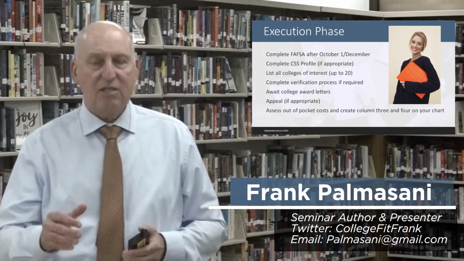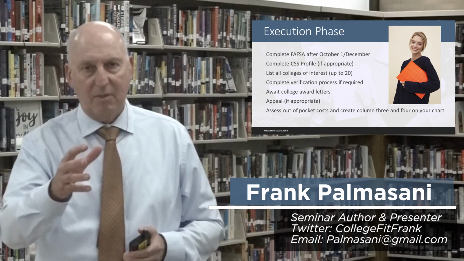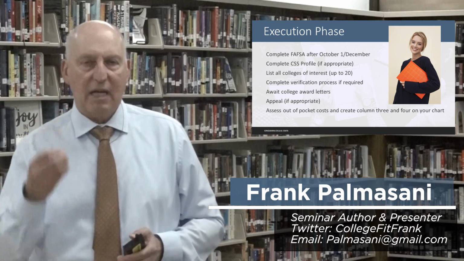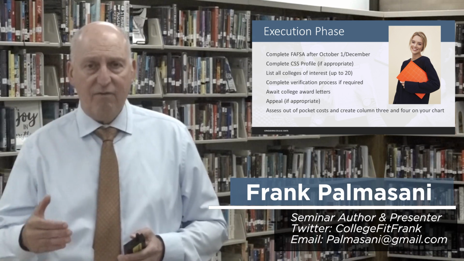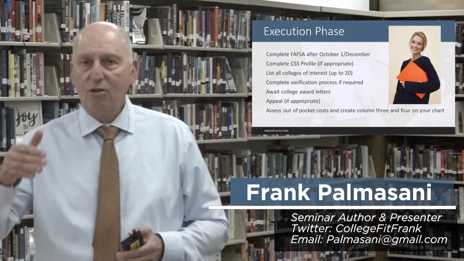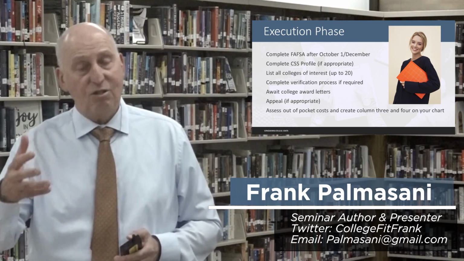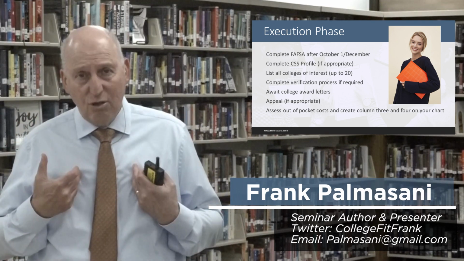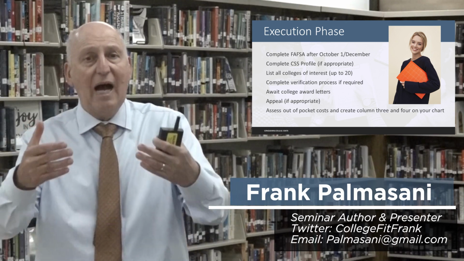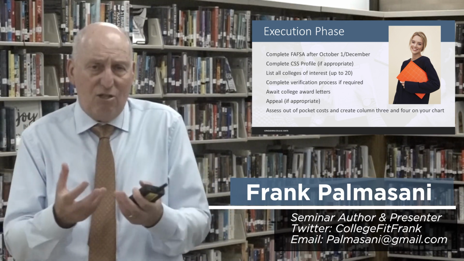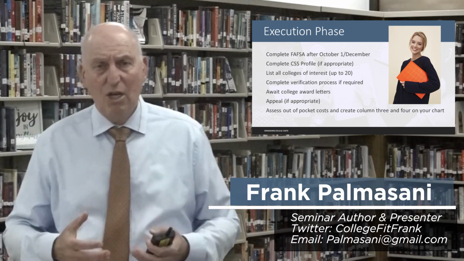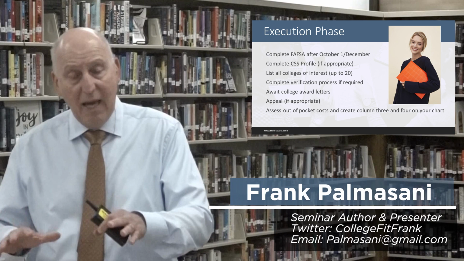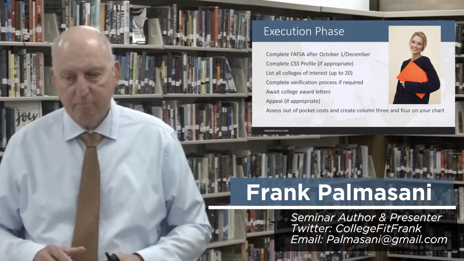More than ever, it's important that you as a family help your son or daughter identify multiple colleges, 5, 7, 10, 12 schools that student might apply to. Because ultimately, what you want to do is come away with options. When you get to looking at your out-of-pocket cost, you want to have enough options on that kitchen table so that you can make some prudent decisions.